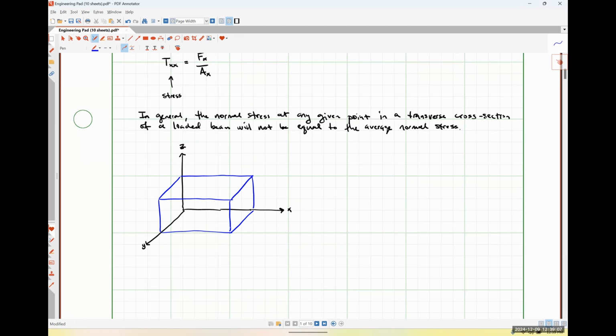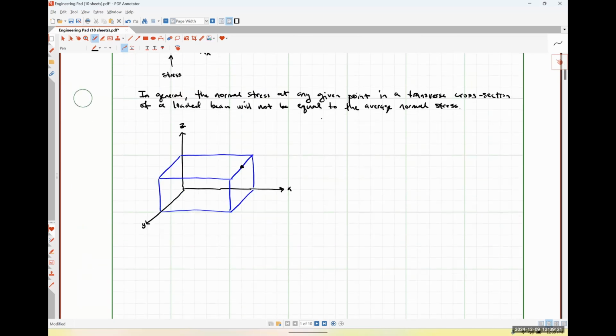We're going to assume it has the same dimensions as we had earlier. And instead of applying my force to the center of this face, I'm going to apply it up here. So here's our applied force, F of X. This is the force acting on the boundary of our system.